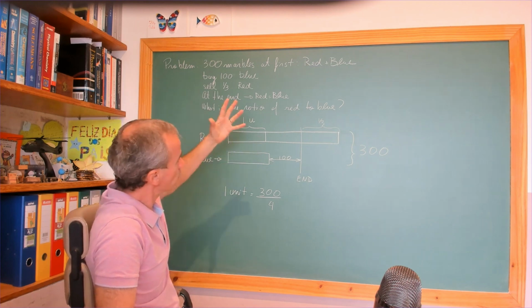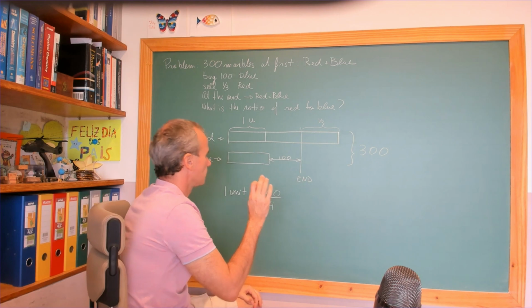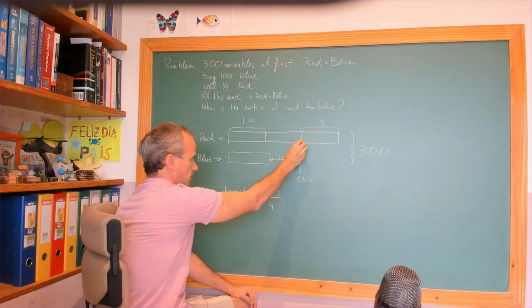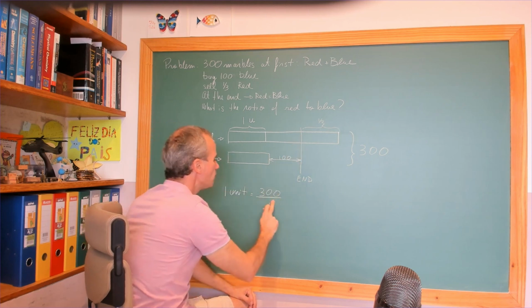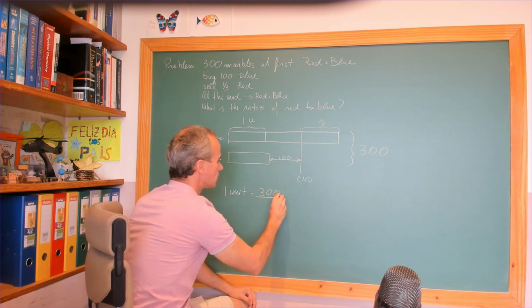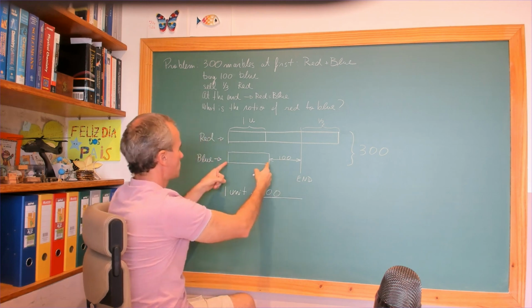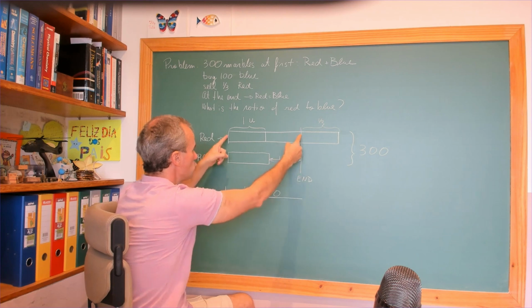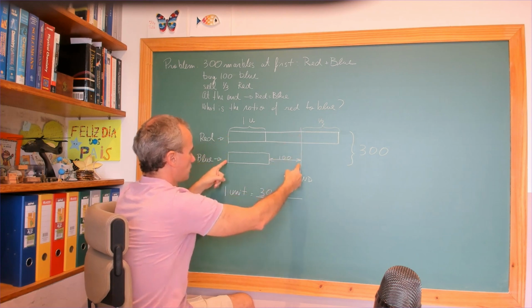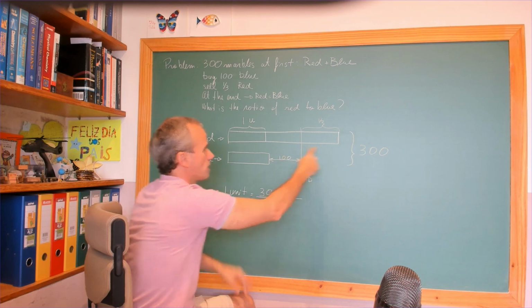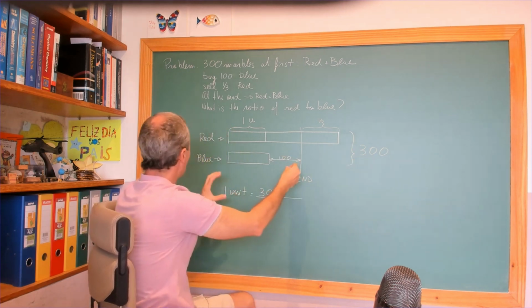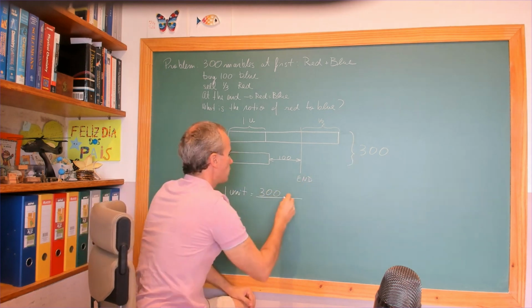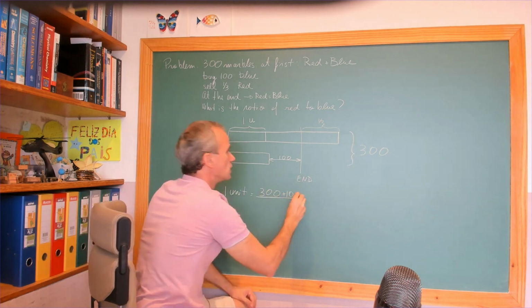So how are we going to do this? Well, we can do something. I know that from that point to that point I have two rectangles. Now, what if I take this rectangle and increase it by 100 more, so I can have two units in here, but then I have to add 100 more in here, agree? Because if I give 100 more blues, at the end I will be with 400. So what if we have 400?